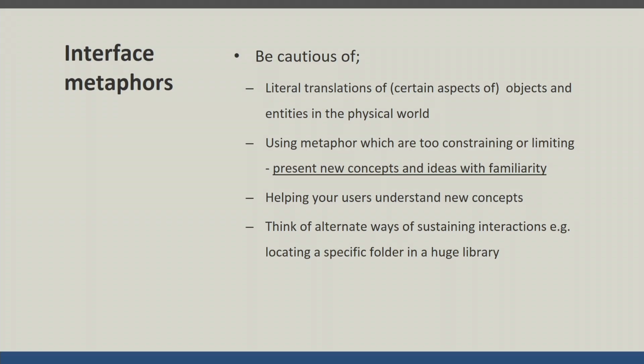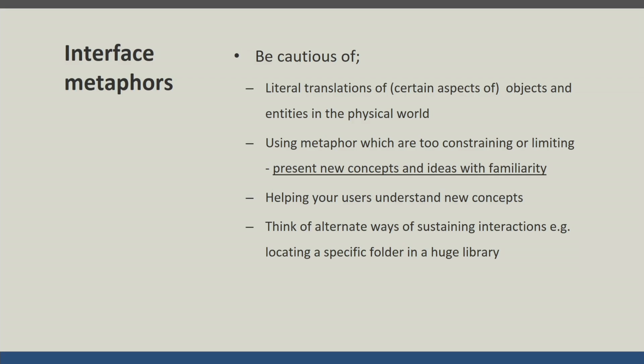If it goes down, you are making it on. If it goes up, you are making it off. So you have to decide as a designer how literally you want to translate aspects of entities or objects from the physical world.